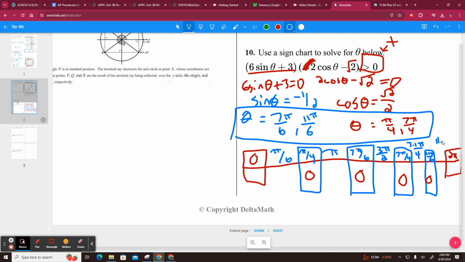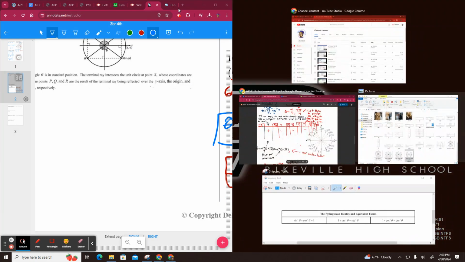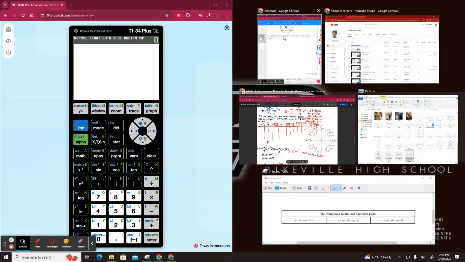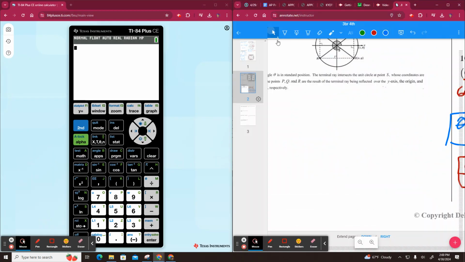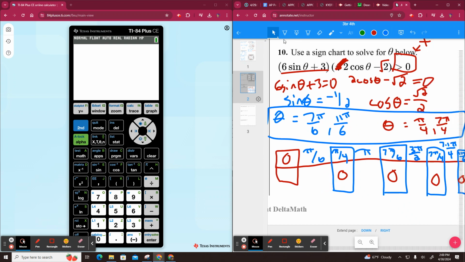I'm going to use 11.1 pi over 6. And now all I've got to do is plug these values in. I'm using this whole factored out equation, and I'm plugging in.